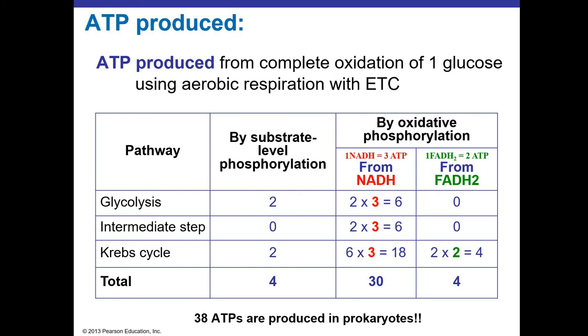As those go through the electron transport chain, that 1 NADH equaling 3 ATP means we multiply by 3, and that gives us a big increase in 18 ATP. So if we add those up, we actually get 30 ATP from NADH by oxidative phosphorylation.